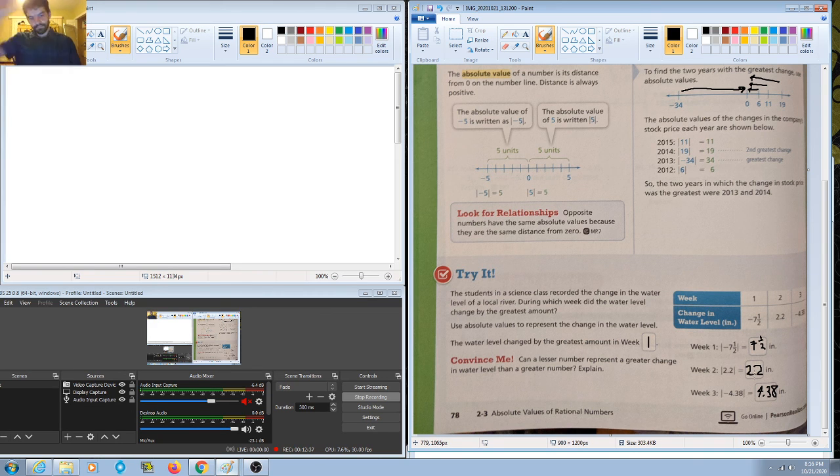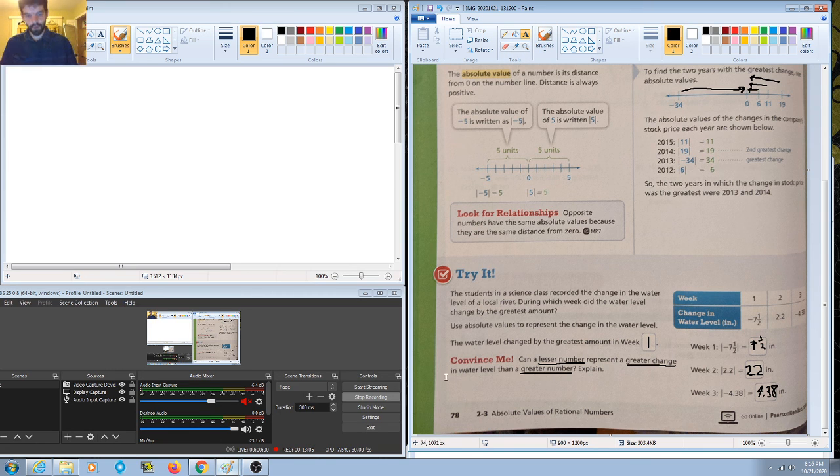Alright. Looking at the convince me question. It says, can a lesser number represent a greater change in water level than a greater number? Explain. So I'm going to highlight some of the key phrases here.